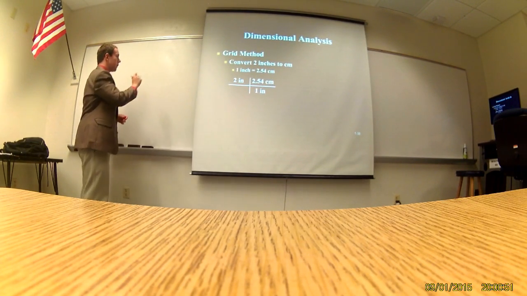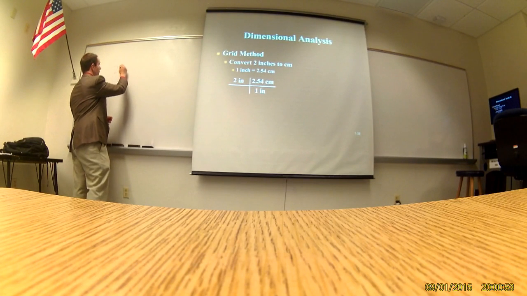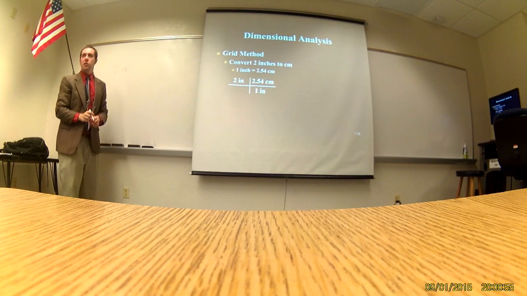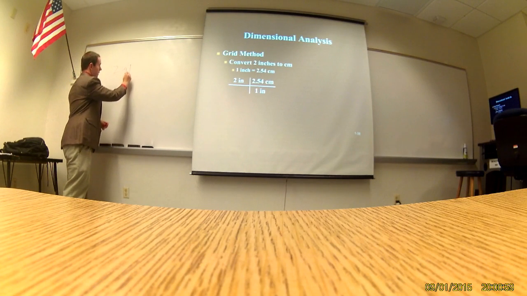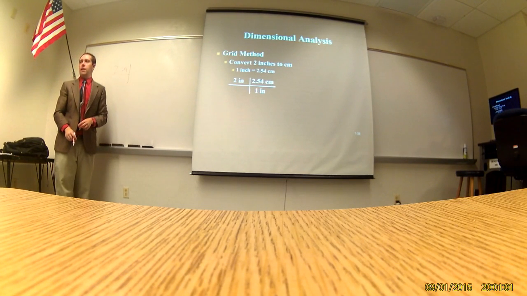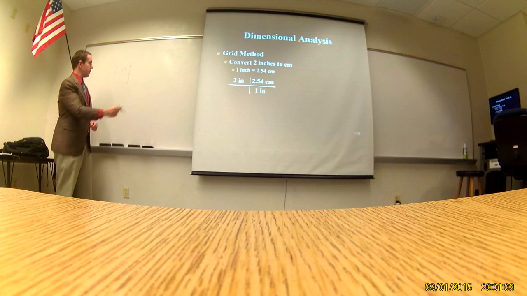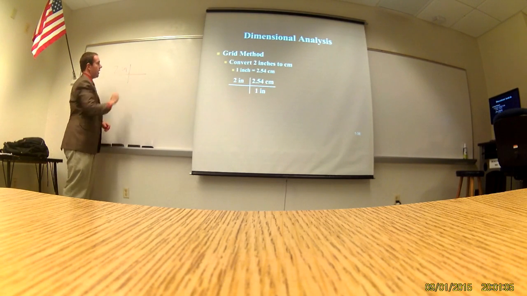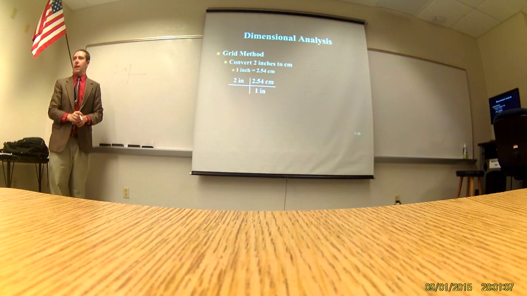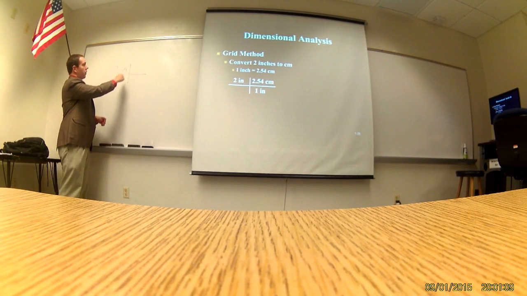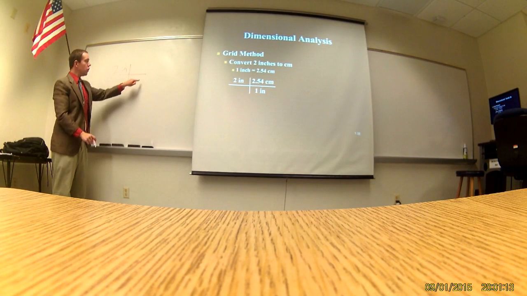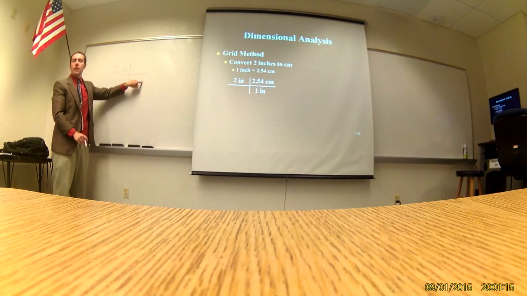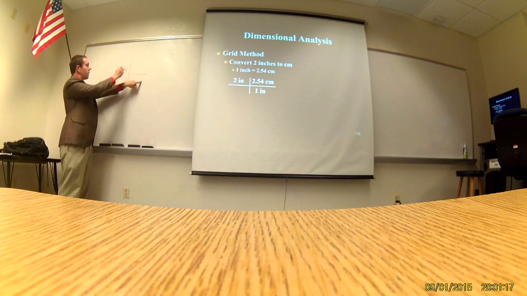So the very first thing you do is write where you're starting, 2 inches. And then you immediately draw a little T like that. You can extend that and draw an X, or a cross. So now you have 4 little corners. The unit here is always going to be that unit.